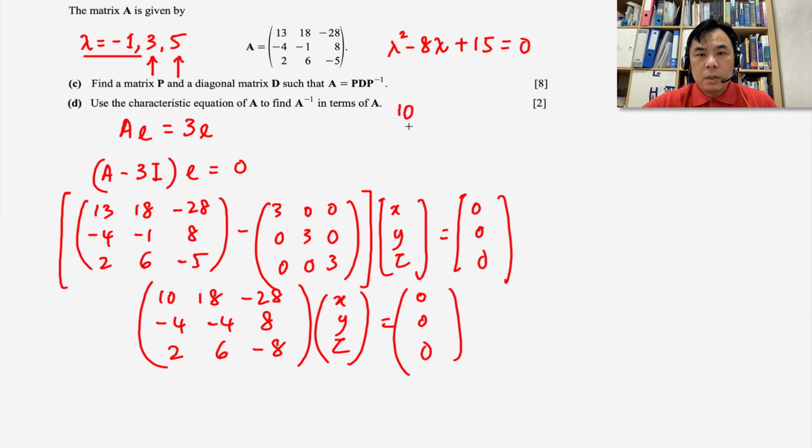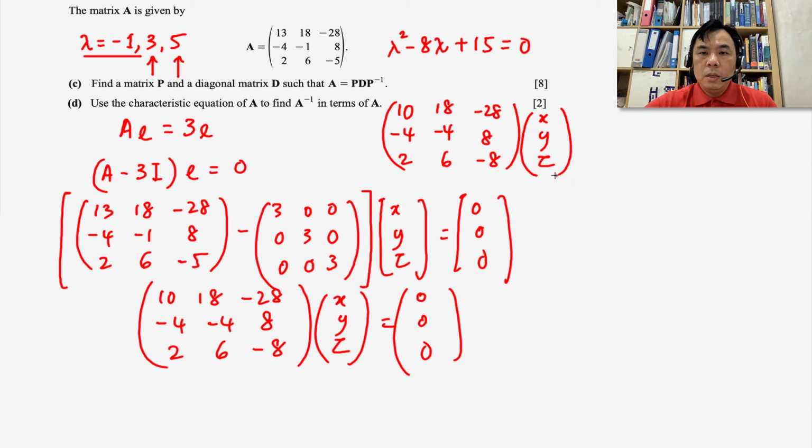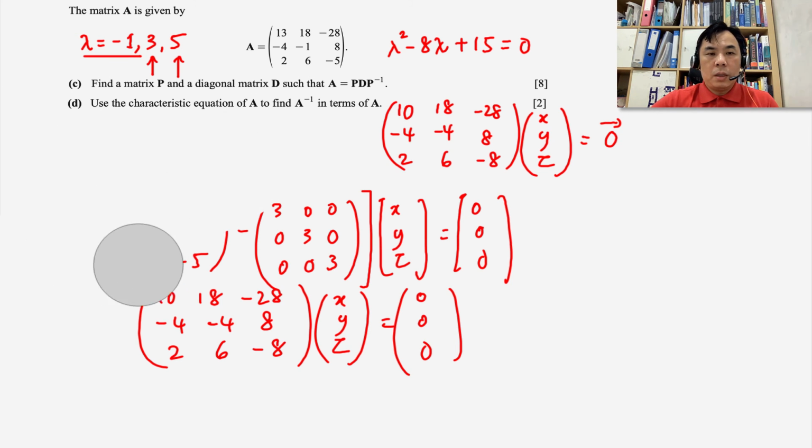All right, so that is typically 10. I'm going to write that at the side here. Negative 4, 18, negative 28, 8, and then negative 8. All right, this is x, y, z. This is equal to 0 here. I just mark it down as it is. Okay, let me clean this up.